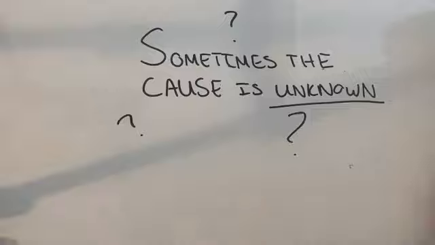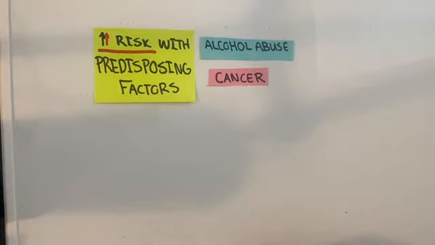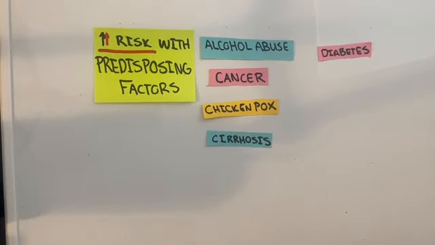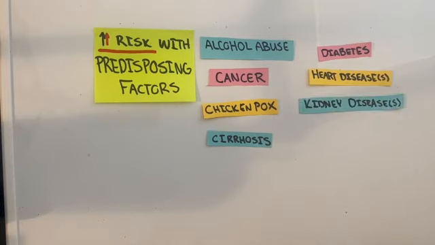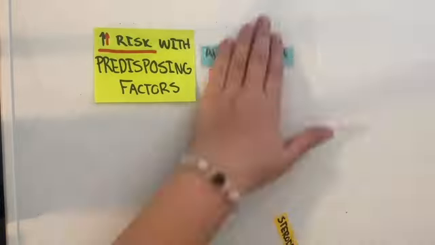Health conditions that may raise your risk include alcohol abuse, cancer, if you had chicken pox in your childhood, cirrhosis, diabetes, heart disease affecting the heart valves, chronic kidney disease, lung disease including tuberculosis, peripheral vascular disease, steroid use, and the use of injectable or IV drugs.